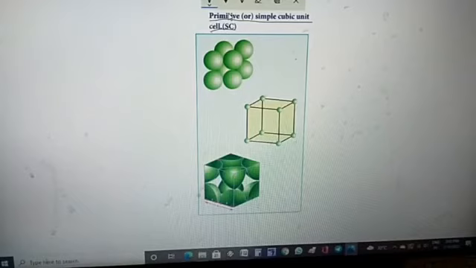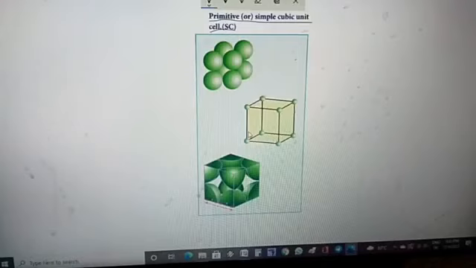In primitive unit cells, each atom present at a corner is shared between 8 adjacent unit cells, 4 from the top layer and 4 from the bottom layer. Like that, 8 adjacent unit cells share only one atom.